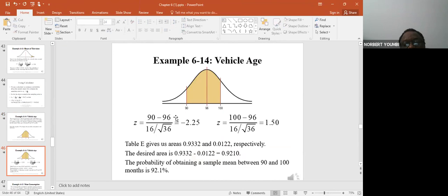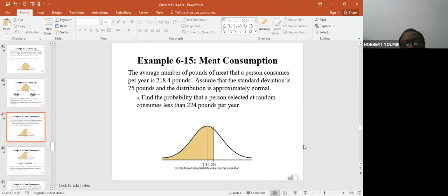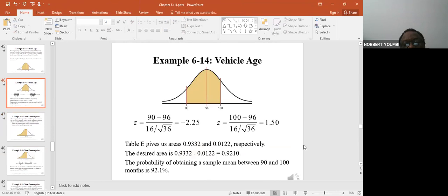So we are going to use this formula. Here, the standard deviation was 16, and the sample size is 36. We do 16 over the square root of 36. And we can use the Google calculator with a mean of 96 and a standard deviation of 16 over the square root of 36, which is 16 divided by 6, 2.67.